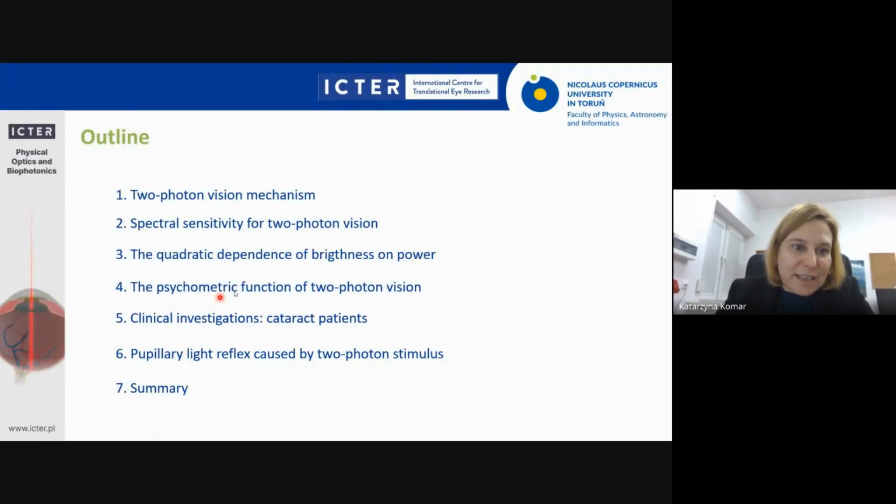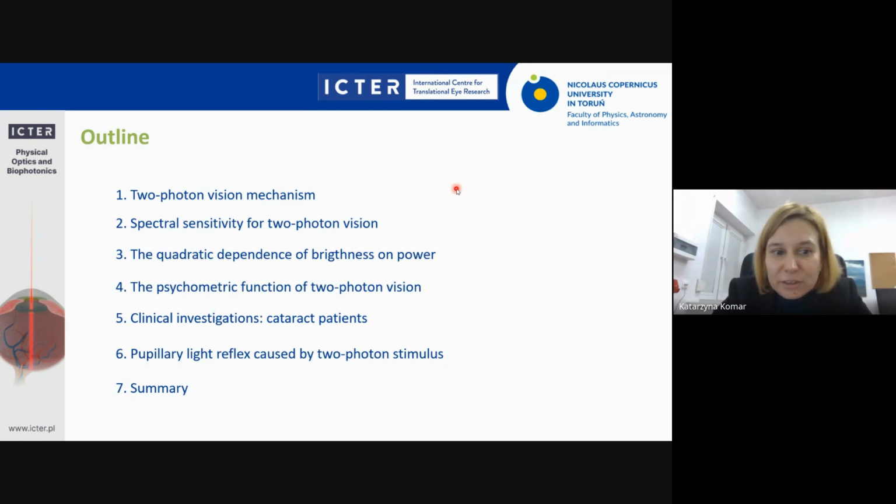So the presentation outline is: at the beginning, I will explain the two-photon vision mechanism, and then I will focus on spectral sensitivity for two-photon vision. Also, I will show you one of the differences between two-photon vision and one-photon vision, which is the quadratic dependence of brightness on power, and the consequences of this for the psychometric function of two-photon vision and for the clinical application of two-photon vision, which is two-photon microperimetry.